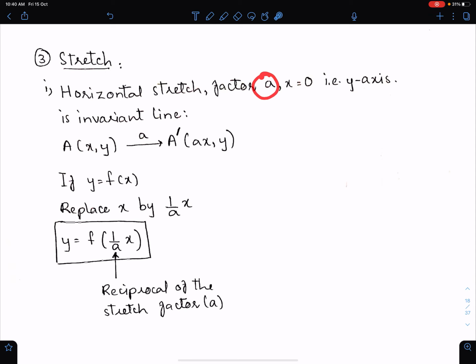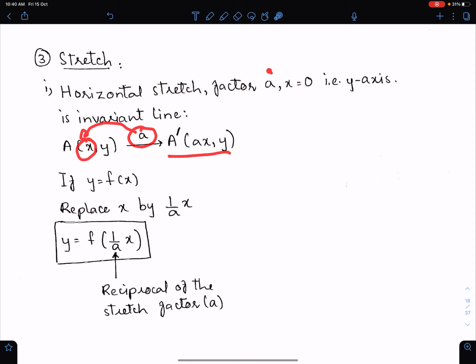Because this stretch factor means, for example, if this stretch factor has value 2, then the image will be double horizontally. It means if this is the object, then its size will be double horizontally. So we multiply the x-coordinate with this same stretch factor to get the coordinates of the image.